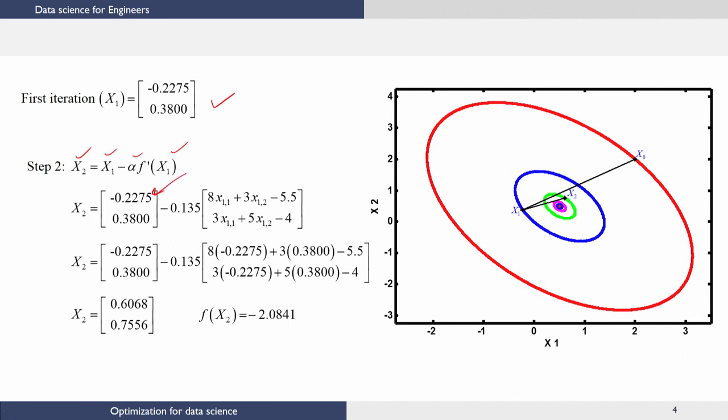I substitute the value of x 1 here, alpha remains the same, and I do the same dou f dou x, but now I evaluate the gradient at the new point x 1. In the last slide we had put 2 and 2 for these values, but here you would see I am using the x 1 values, minus 0.2275, 0.3800 and so on.